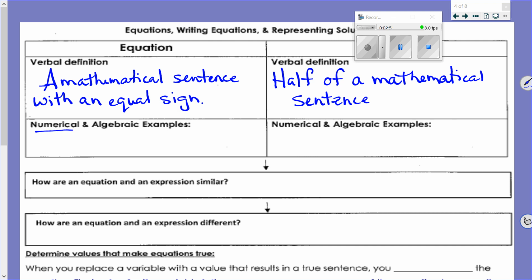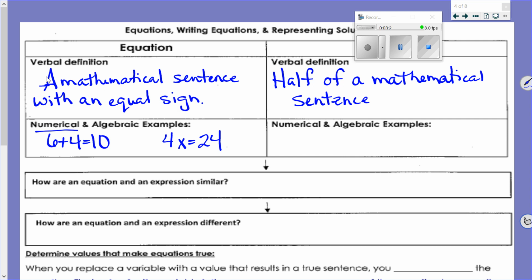If I'm using a numerical example, it would be something like 6 plus 4 equals 10. That is an equation. If I want to put in a variable, I could say something like 4x equals 24. Key being, I now have the equal sign.